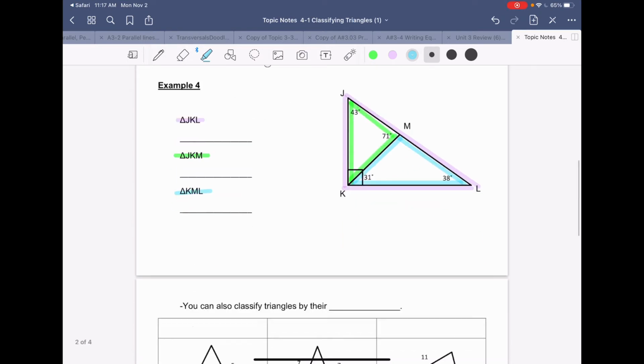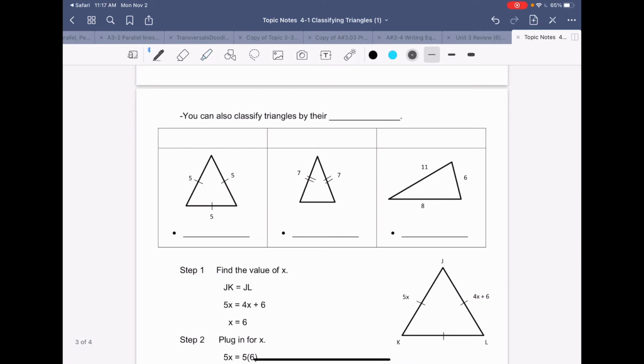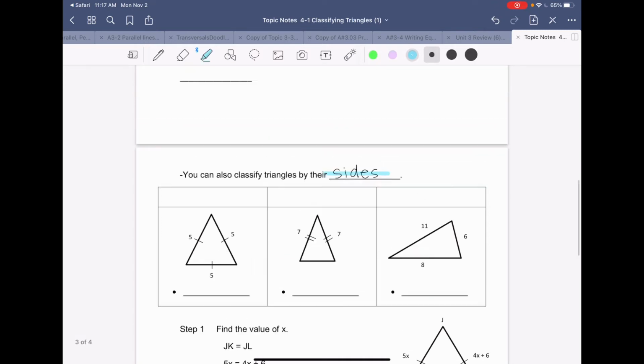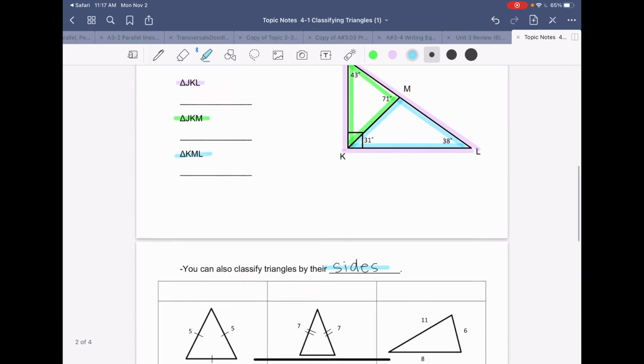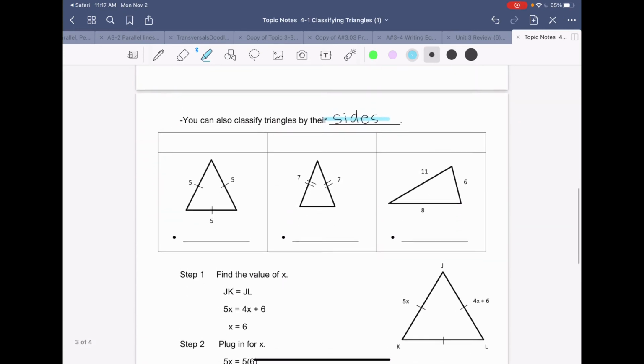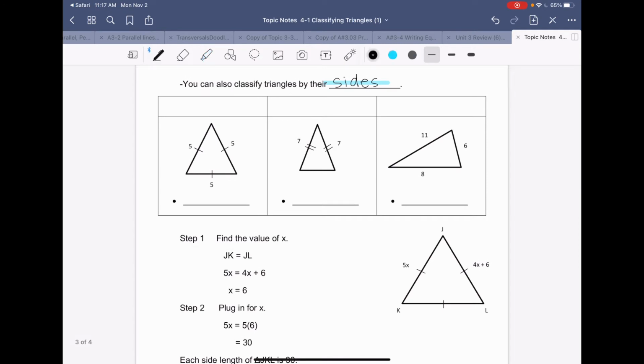All right. Okay, you can also classify triangles by their sides. Okay, by their sides. And that's what we're about to do here. So we learned all the angles and how we can classify triangles by their angles, but now we're going to learn how to classify them by their sides.